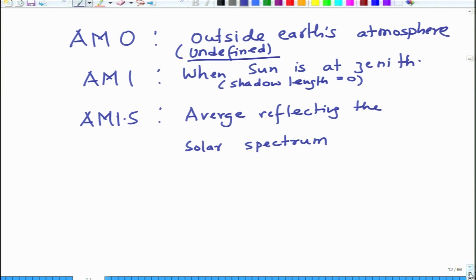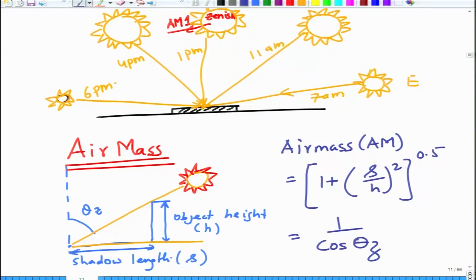So, as you can see, when it goes from let us say this position to that position to this position, what is going to happen to AM at this point when the sun is at this particular position, the shadow length is going to be extremely large.